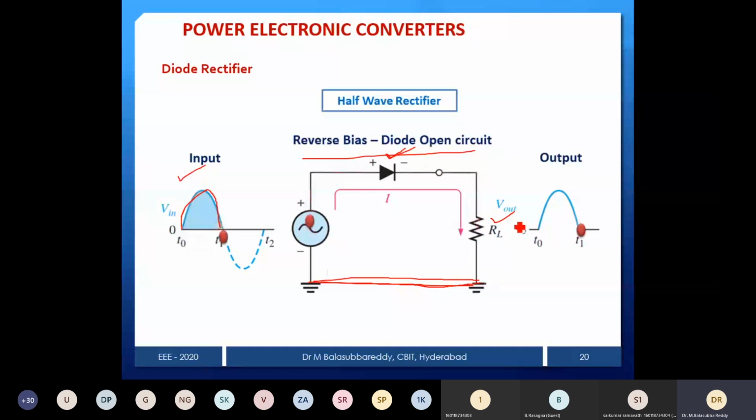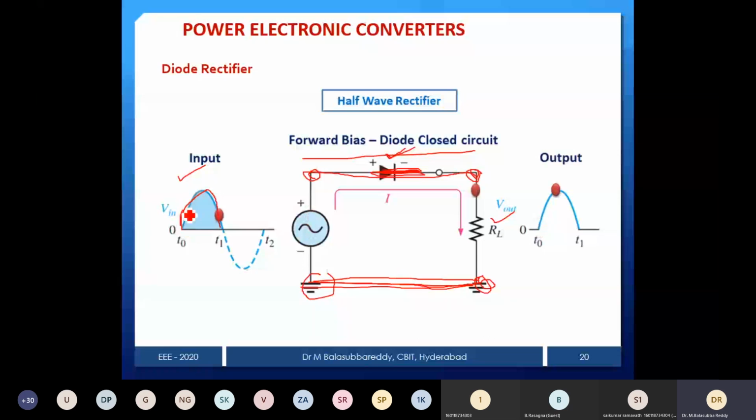Then what is the output? Now you can see that this is the load. When the diode is on, it is just closed, so the load is directly connected to the source. See that this end is directly connected to this point and this end is directly connected to this point. So whatever input is there, the same thing will get as output.